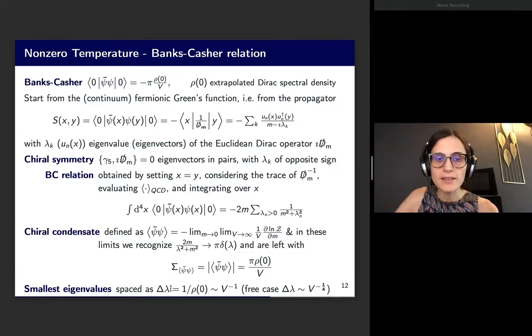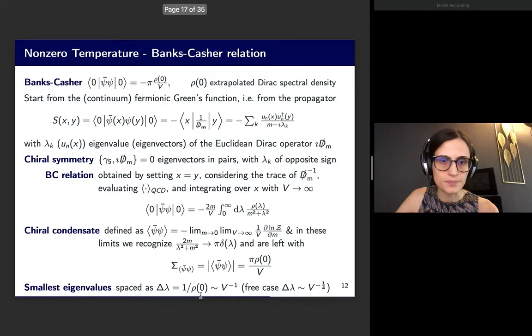But in fact, it does go with the inverse volume itself if we define the eigenvalue interspacing by the inverse of the density at 0.